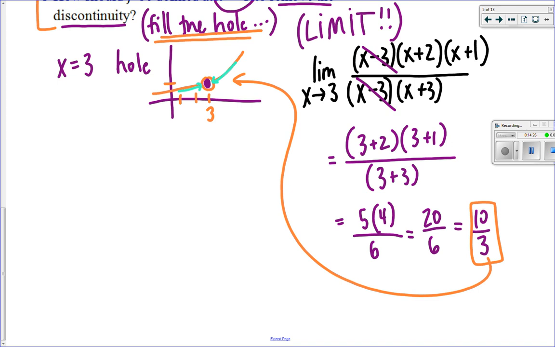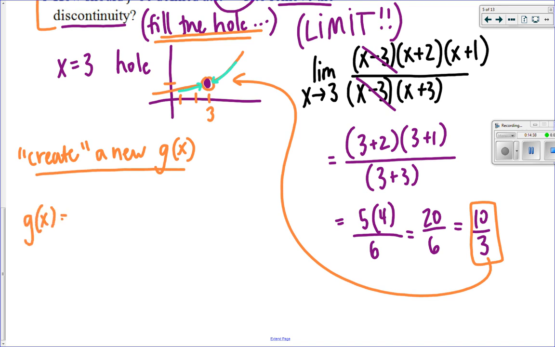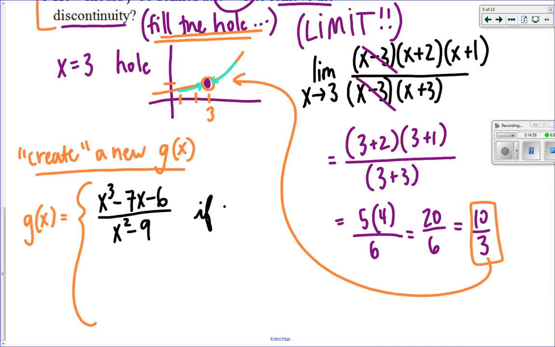Well then, what does it look like to actually fix this? I am going to create a new function g of x. G of x is going to be a piecewise function. It's going to be 2 parts. I'm going to be the original function, the x cubed minus 7x minus 6 all over x squared minus 9, if x is not equal to 3.